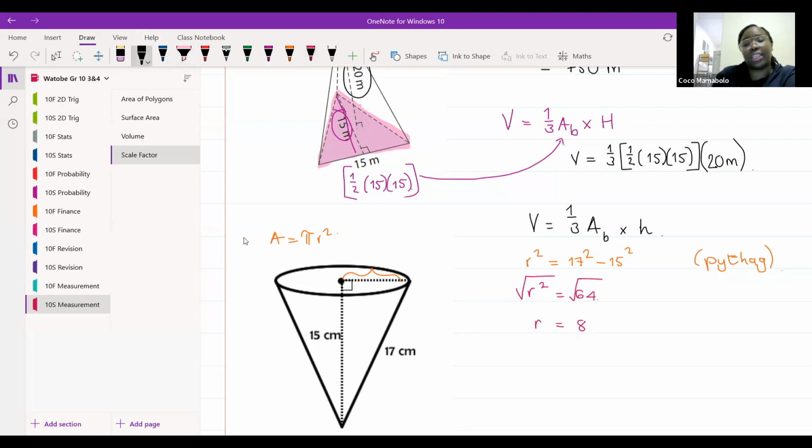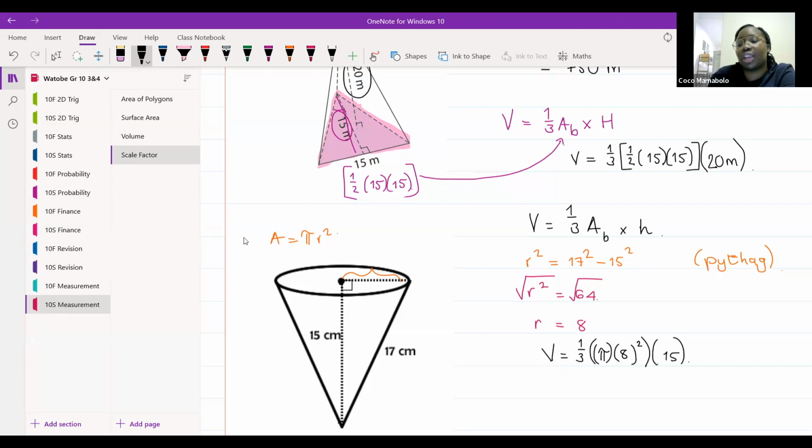Now, calculating for the volume, volume is equal to 1/3 of the area of my circle, and the area of a circle is pi times radius, which is 8, all squared, multiplied by the perpendicular height of my cone, which is 15.